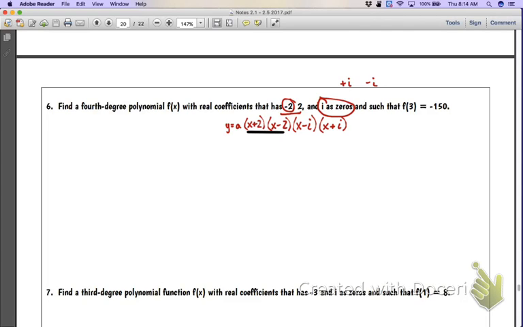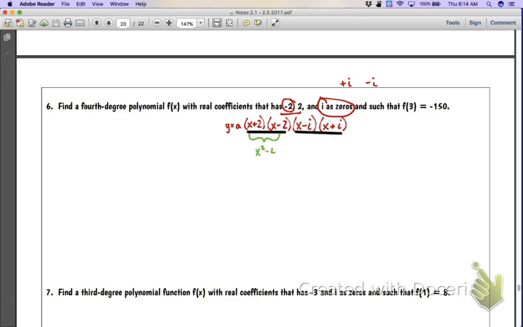So I'm going to do the real values first, or together, and then I'm going to do the imaginary values together. So whenever I do this, if I'm going to take x plus 2 times x minus 2, what is this first part right here going to turn into? What's x minus 2 times x plus 2?